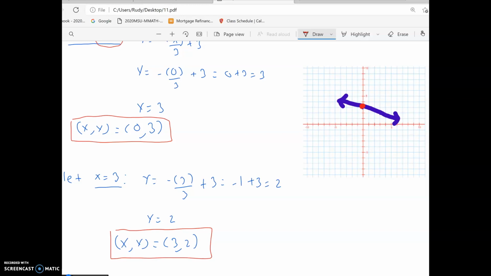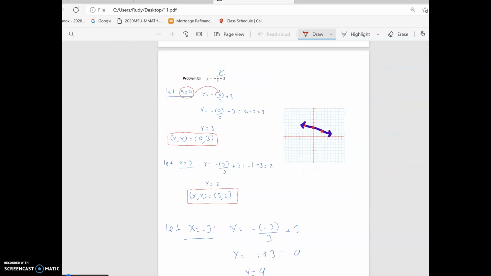Then (3, 2), it's there. And 1, 2, 3, and 4, which is there. Okay, so that's your line.